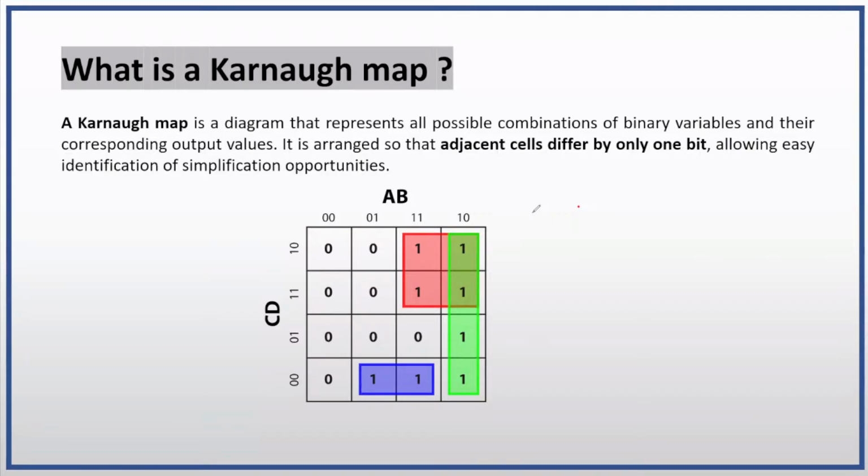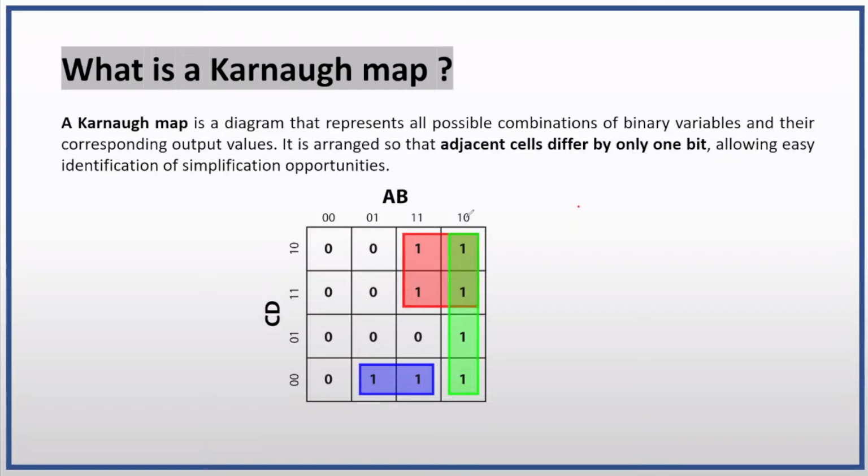And you can see the explanation of the combinations around this Karnaugh map. Here you can see the inputs A and B. As there are two inputs, there are four combinations that we can have: 0 0, 0 1, 1 1, and 1 0.